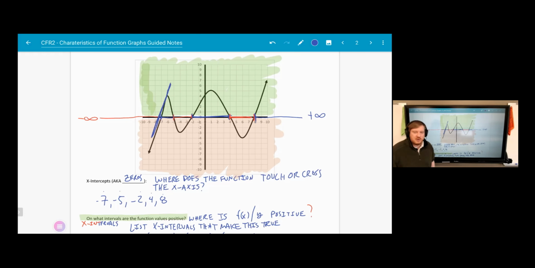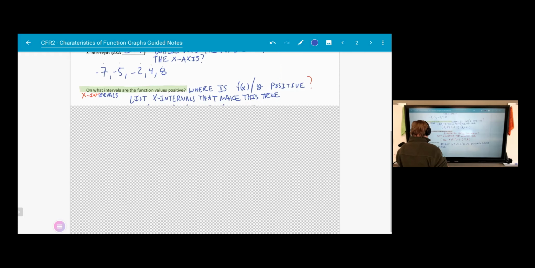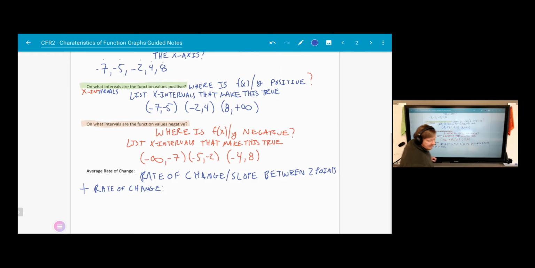So between those two values, I'm just going to identify an x interval. We're going to identify an interval with the following characteristic. I would like one that has a positive rate of change.